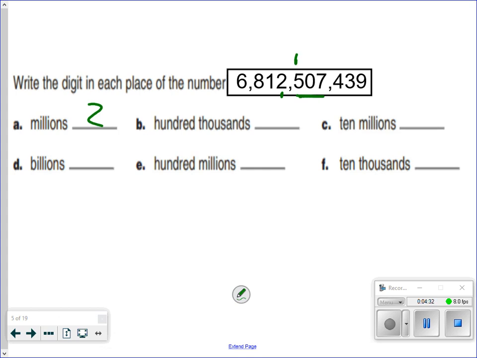This is our 100,000s, which is the 5. 10 millions, our millions zone is right here. 10 would be this 1. Billions, that's an easy one. It's the 6. 100 millions, here's our million zone. 100 millions is this 8. 10,000s is the 0 because it's 507,000, so the 0 is in the 10,000s.